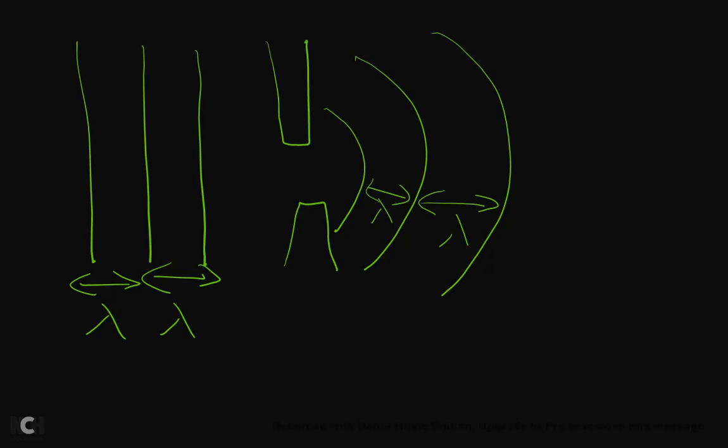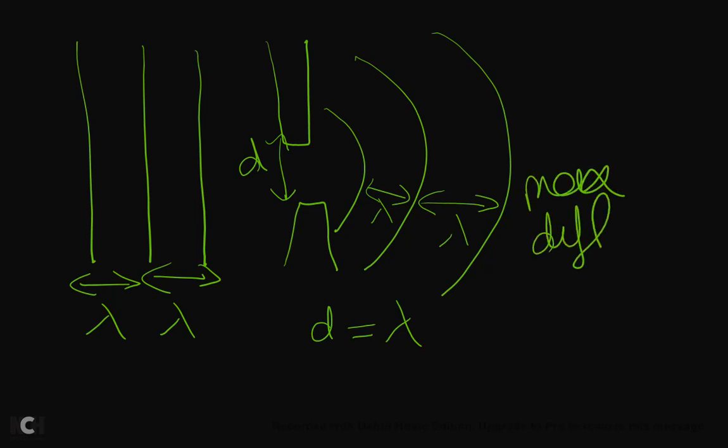If the spacing d is the same as the wavelength of light, I have maximum diffraction taking place. This was deduced by Thomas Young in Young's double slit experiment. He had a double slit where the spacing d would be the same as the wavelength, because you want maximum diffraction.